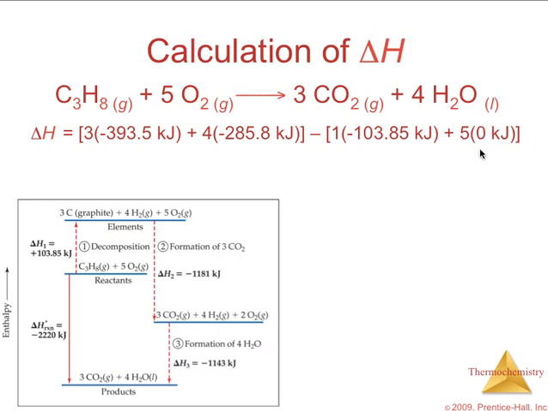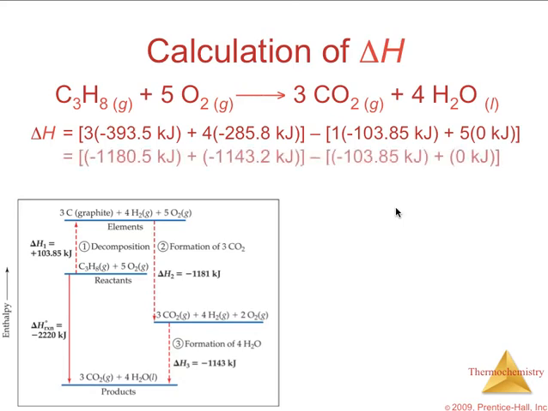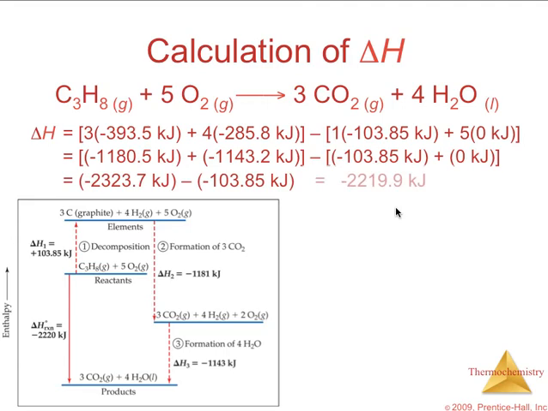Since O2 is an element, its heat of formation, delta H of formation, is 0. Add those up, and we come up with an overall heat of reaction, change in enthalpy for that reaction.